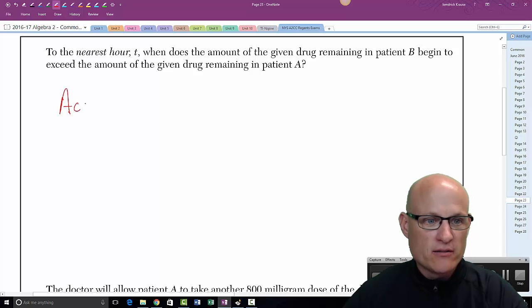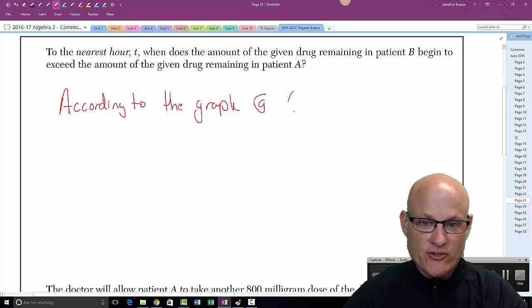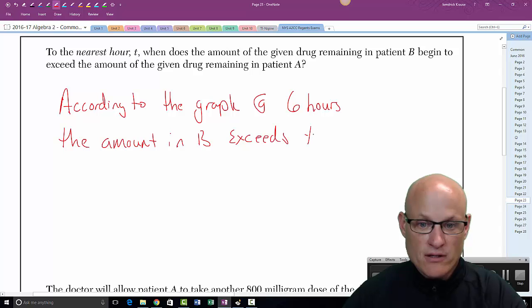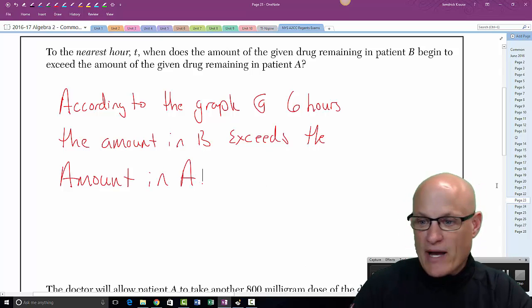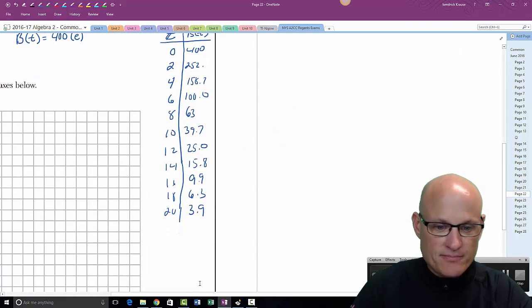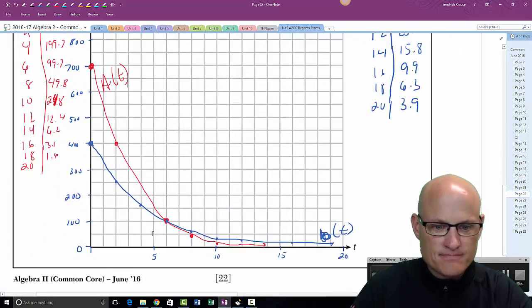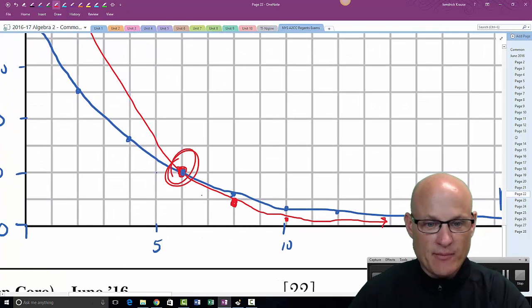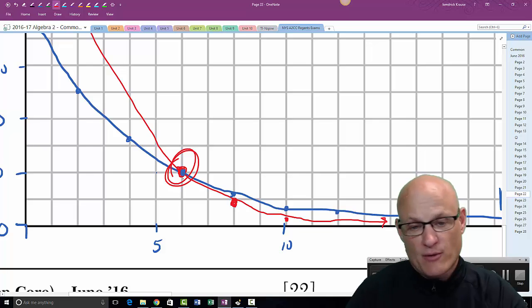So according to the graph, at 6 hours, the amount in B exceeds the amount in A. Now you can go back and look, but it should be obvious that at 6 hours they're about the same, and that's when red and blue cross over. So that one wasn't bad.